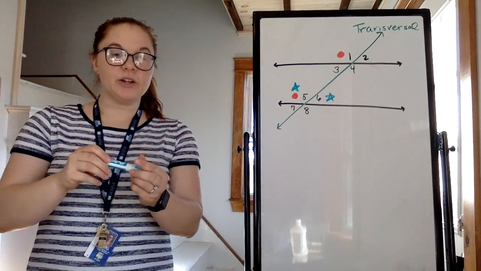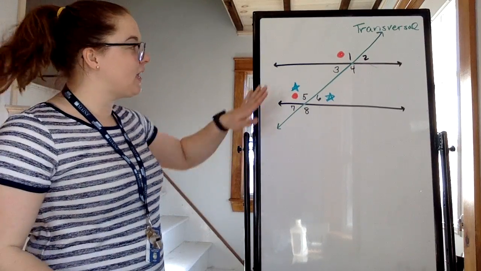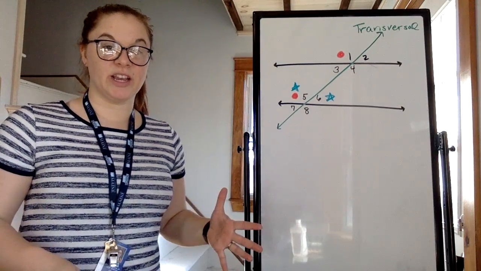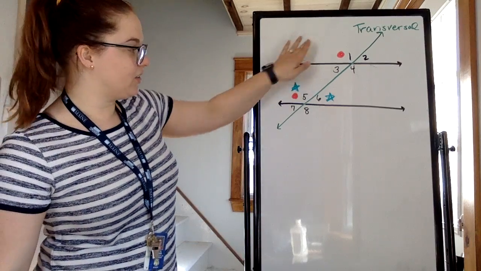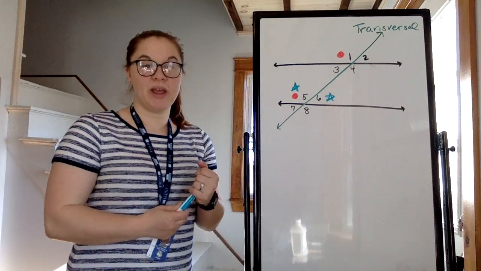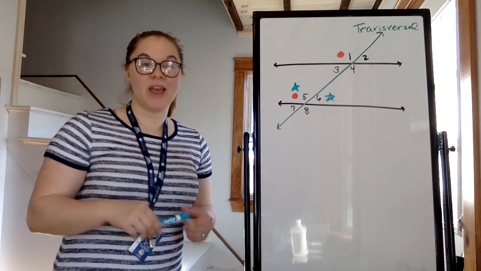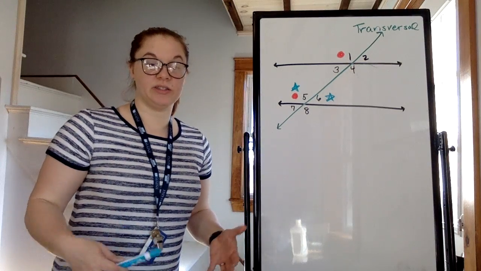So you can see here with the red circles, we have our corresponding angles. They're in the upper left-hand part of the intersection for that transversal, here and here. And then we have a linear pair, 2 adjacent angles that add up to 180 degrees.